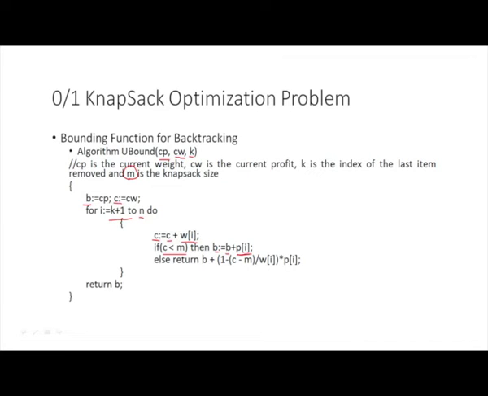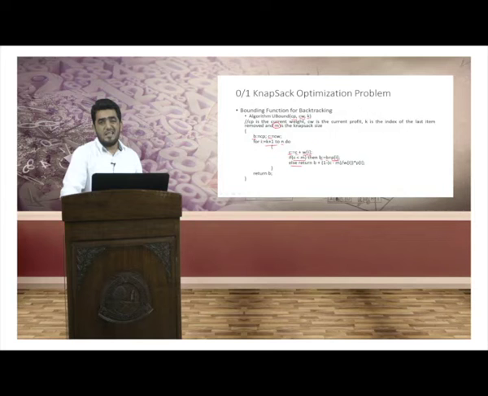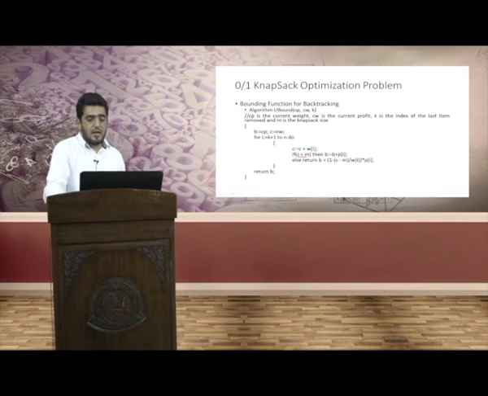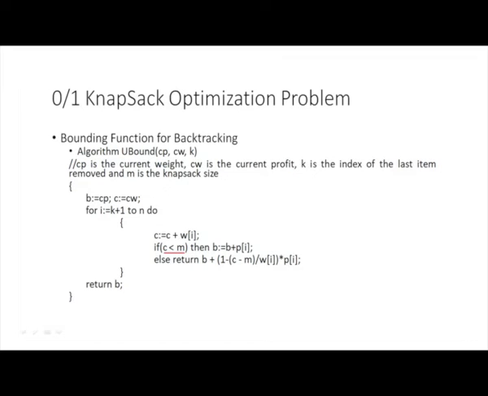So we add the weight to the current weight as well as add the profit of that particular item to the current profit. So if we have not yet completely filled the knapsack, then we will continue adding the profit and the weight of the current item, the k plus 1th item.